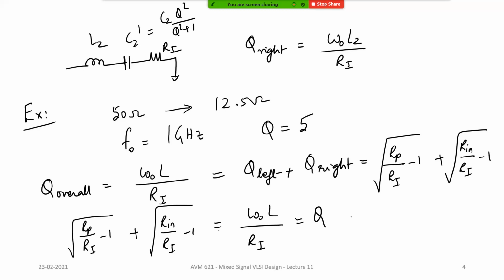An approximate expression is easy to solve if you can neglect that minus 1 factor.